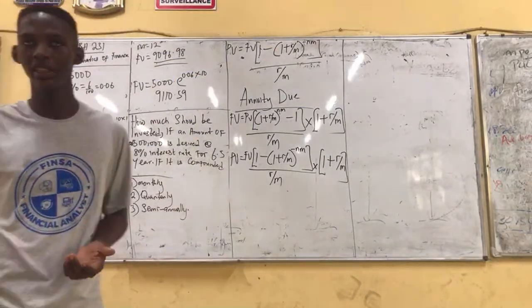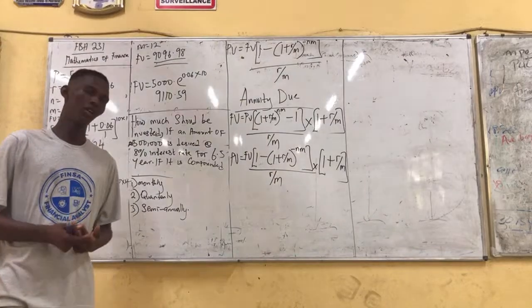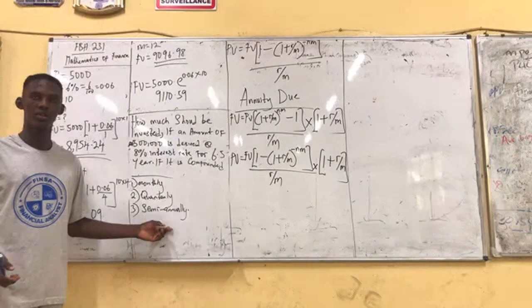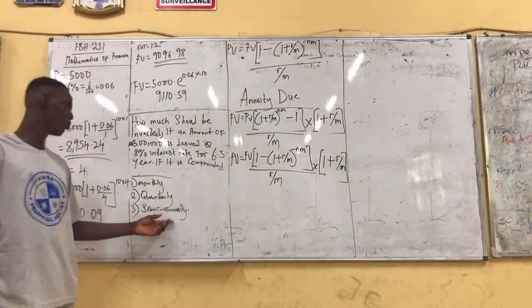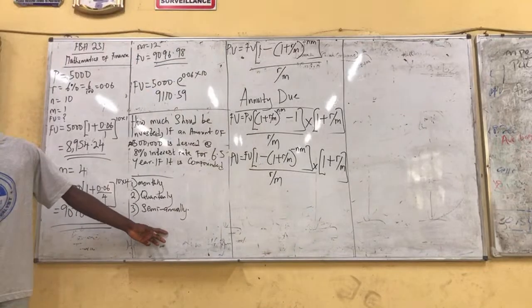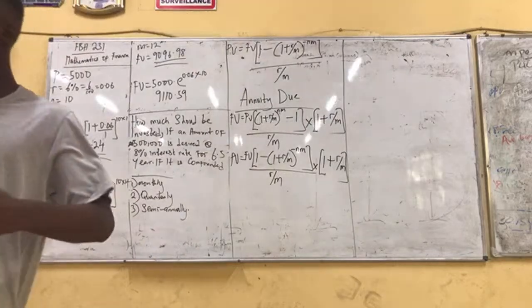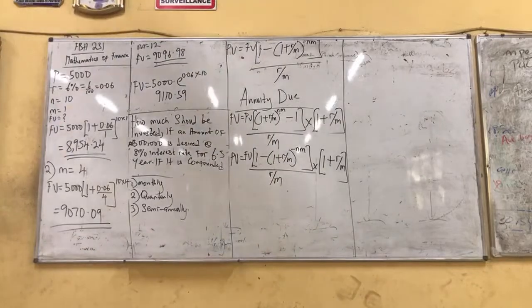Annually means 1 year. So semi-annually means twice in a year, or they can write this as every 6 months. So biannually and semi-annually are talking about the same thing. So attempt this and give me your answer in the comment section below.